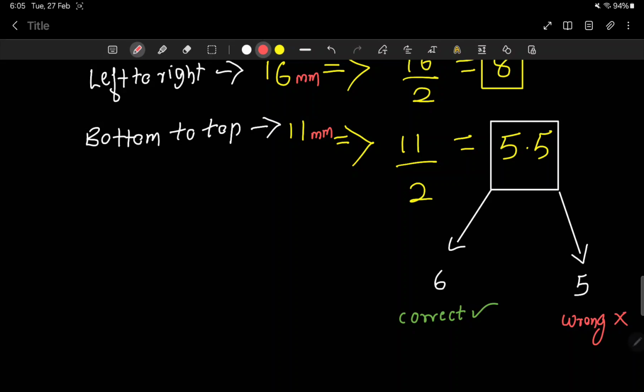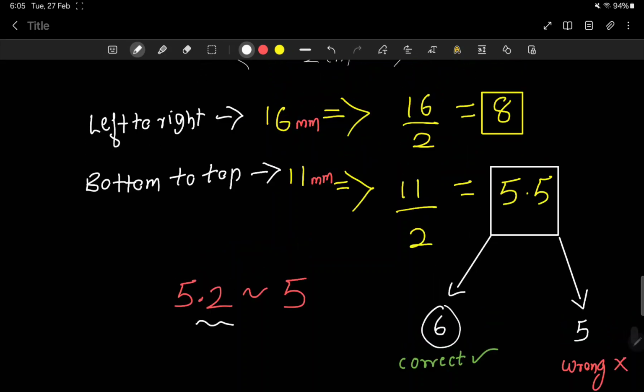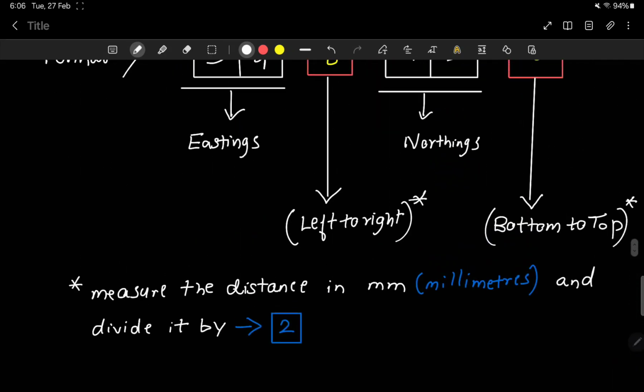Suppose the number was 5.2, then we would have taken it as 5, not 6, because the number after the decimal is less than 0.5. I hope you got my point. So this is the correct bottom to top reading, and we write 6 over here.